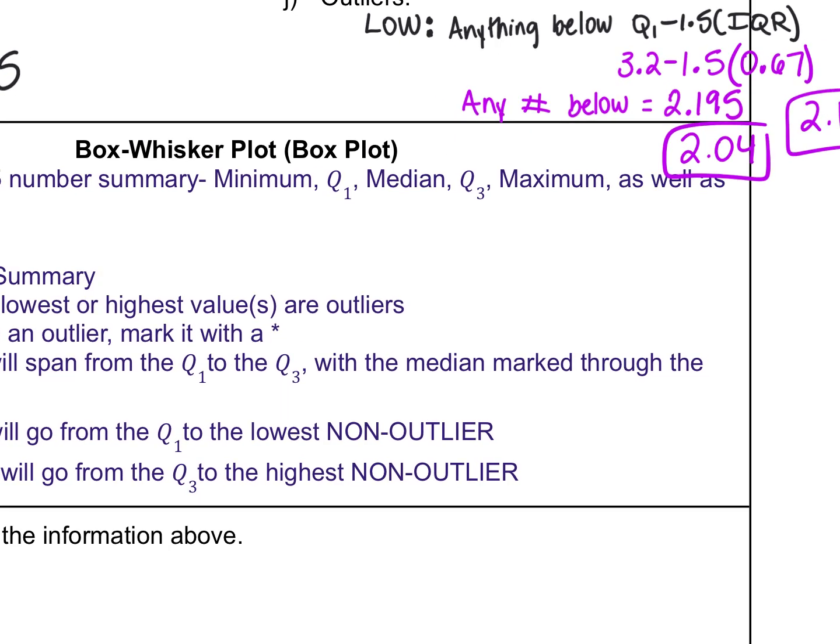So minimum equals 2.04. Once again, we find this 5-number summary just by looking at this or using the stats function on Desmos.